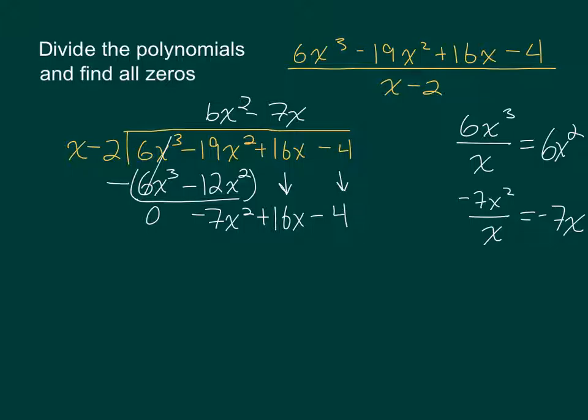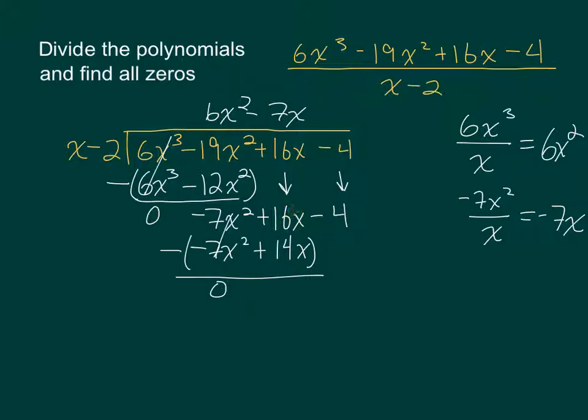And then distribute that to each term in the divisor. And when you do that, you get negative 7x squared plus 14x. We subtract that away, and you get negative 7x squared minus negative 7x squared reduces away to 0, which is nice, that's what we're looking for.